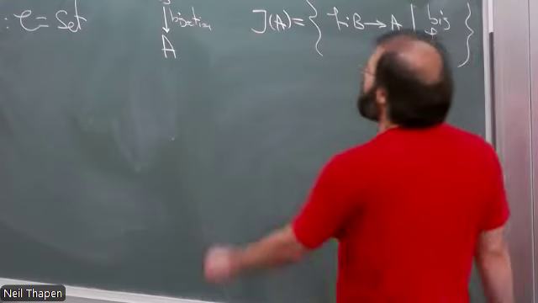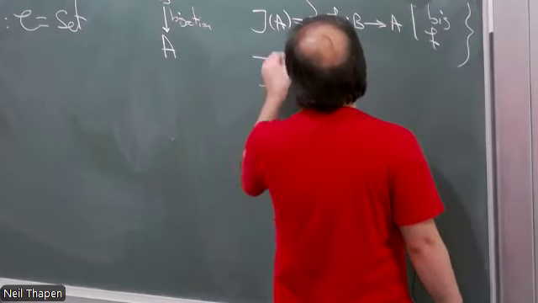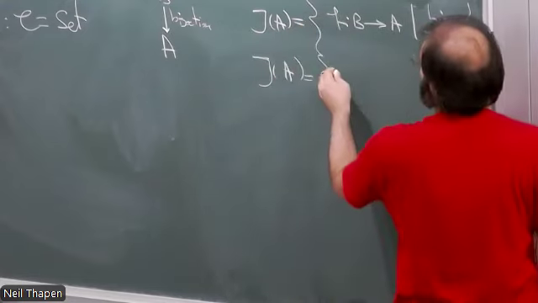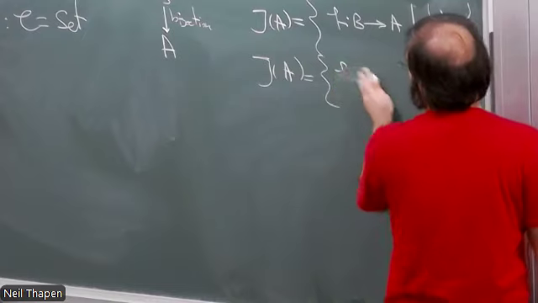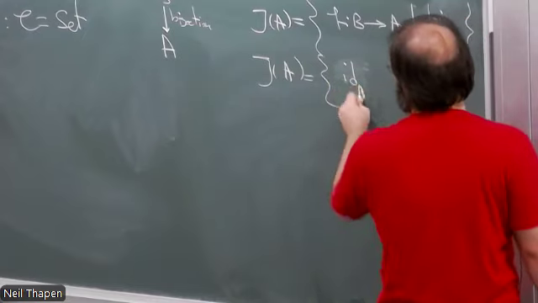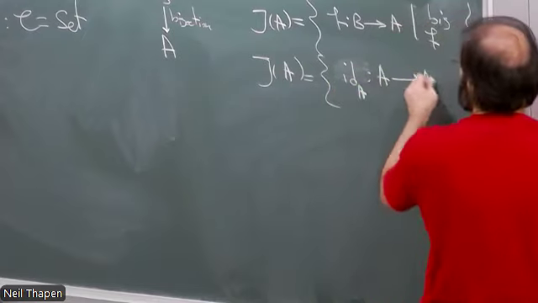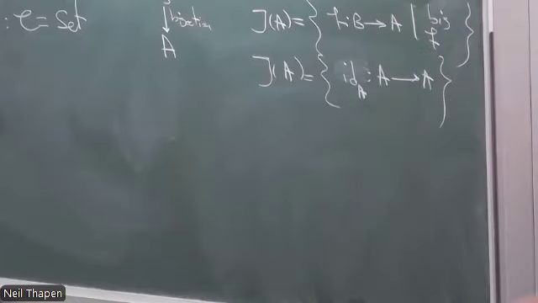No, it doesn't matter. You can also define it like this: just one map, the identity map from A to A, nothing else. So A covers itself and nothing else, right? Or, up to changing of the names, you cover. So these are coverages.